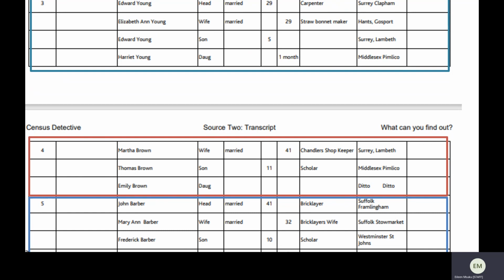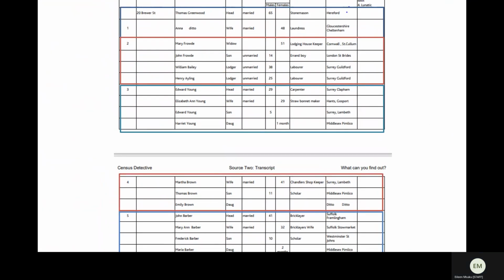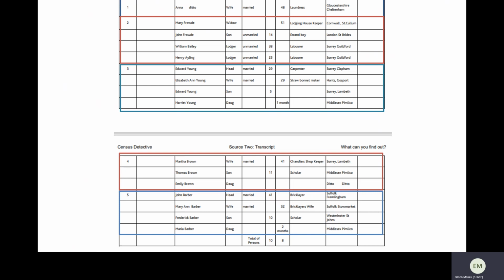And now we're on to our fifth family of the census, our fifth family living in that house that we looked at. The head of the family is John Barber, and he is married to his wife Mary Ann Barber, and he's 41.